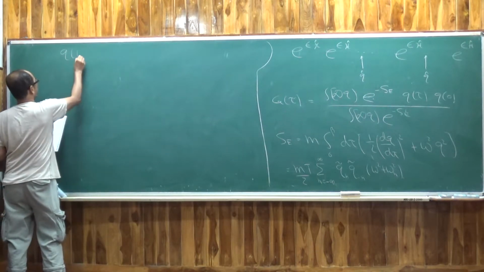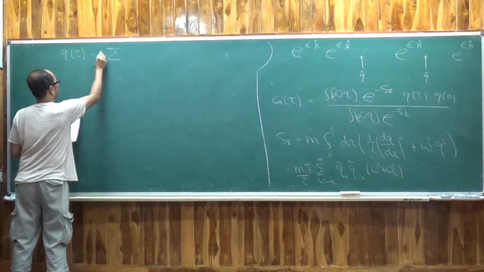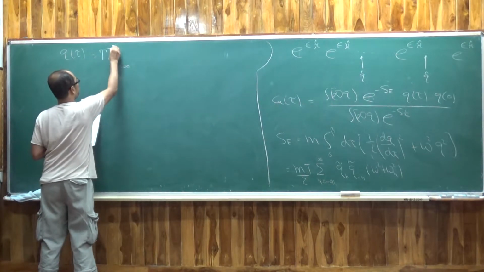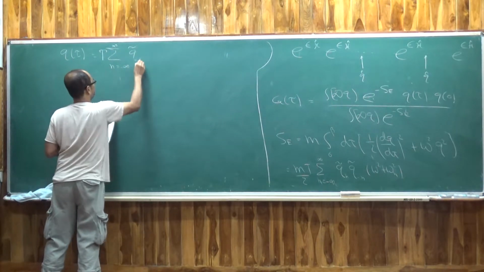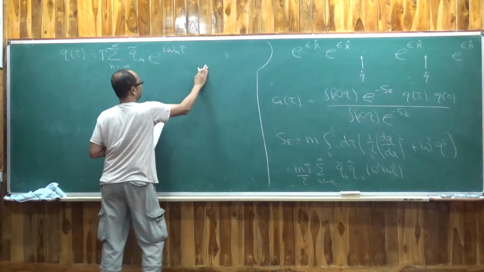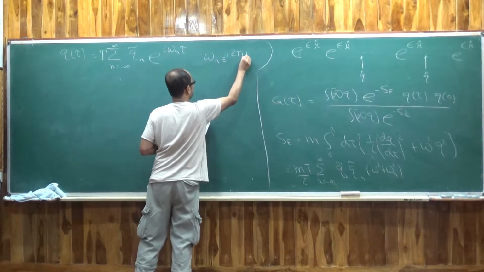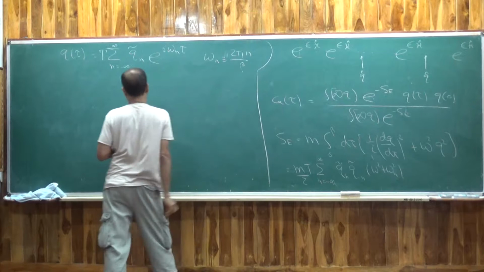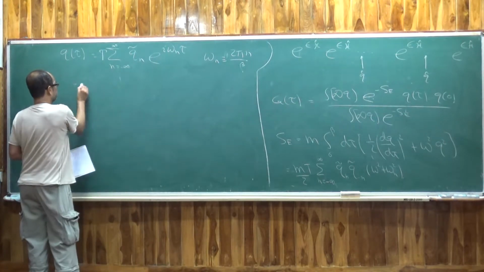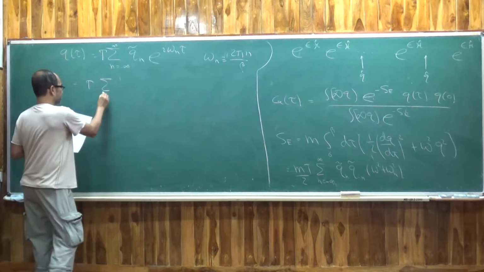Q of tau we had expanded as a sum, with a factor T in front, from minus infinity to infinity of Q tilde n e to the i omega n tau, where omega n was 2 pi n by beta. And then this we had rewritten.